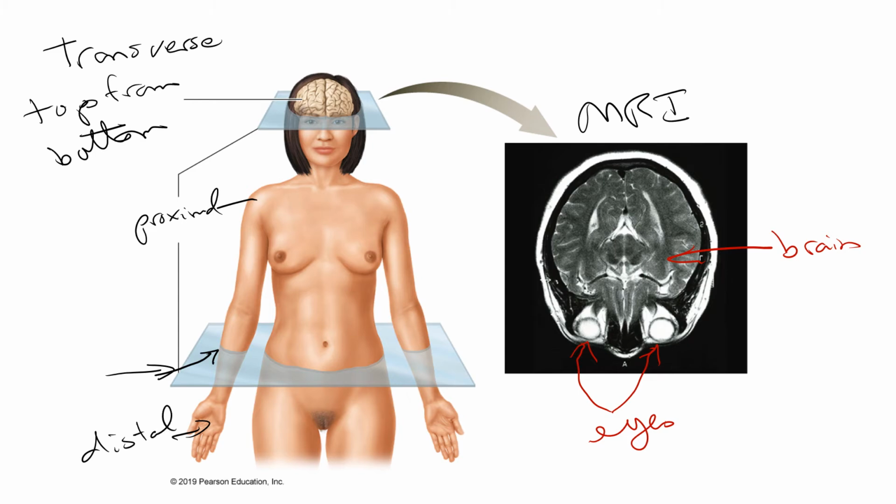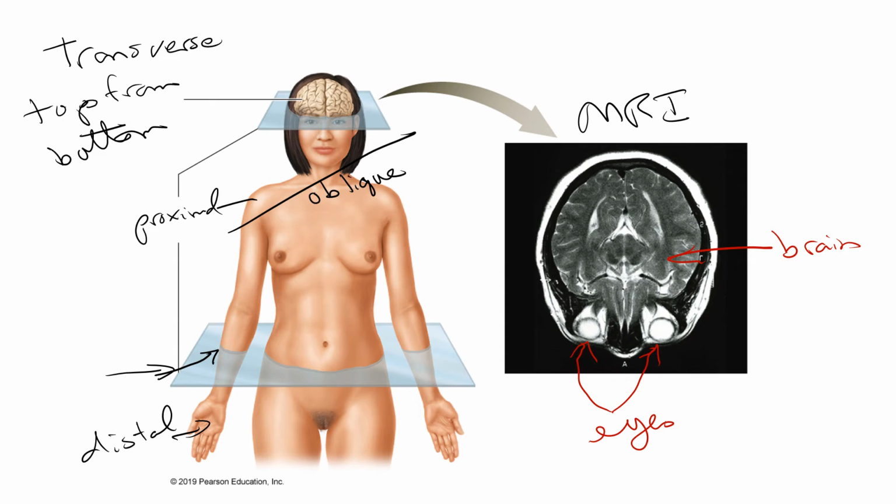Another section that's not described in the book is any section that is not a transverse or sagittal or frontal section. That is called an oblique section. So any section that goes across the body at an angle is referred to as oblique.